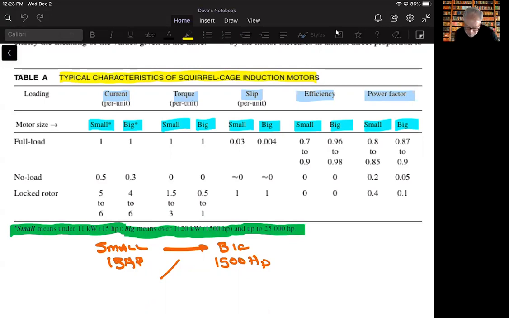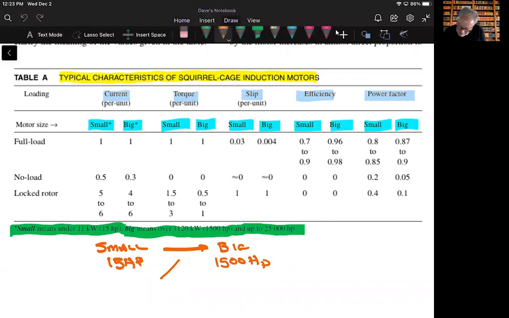The first thing we're going to look at is a motor at no load. Let's draw this up. At no load, we're right here, and we're looking at the current, torque, slip, efficiency, and power factor. What we see is that at no load, the stator current is between 0.5 and 3 of the full load current.